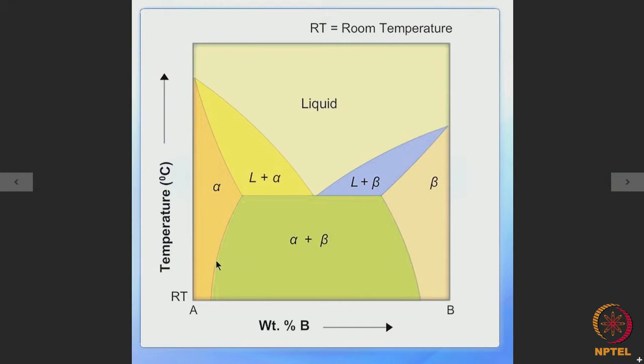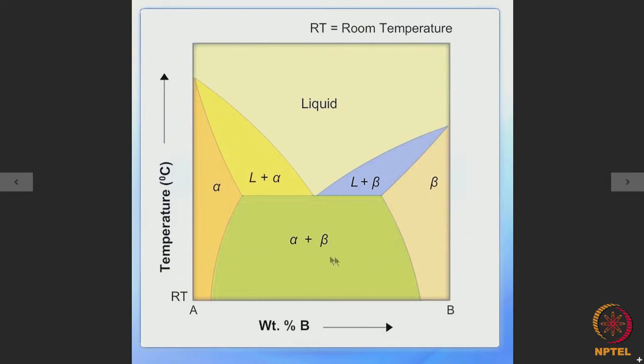Composition of alpha will be given by this point at this particular temperature. Composition of beta will be given by this point on the same temperature scale. And when we move from here to here, as the composition changes, more and more B is produced, the lattice parameter of alpha and lattice parameter of beta here do not change.